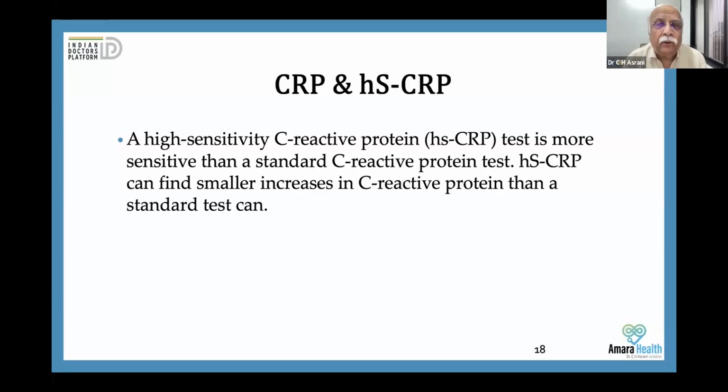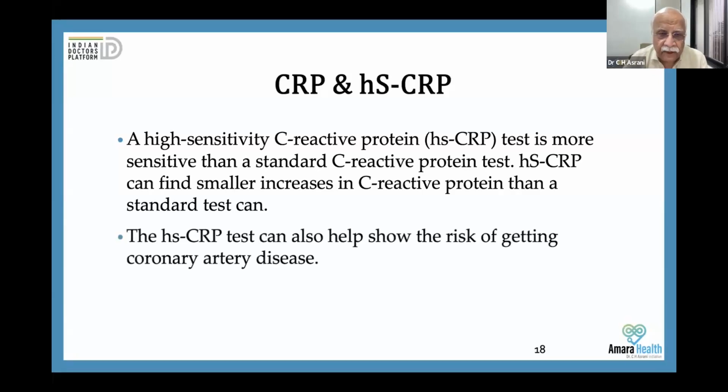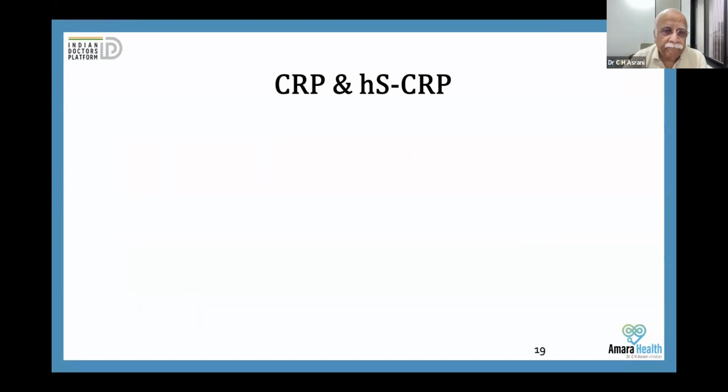But you will not do HSCRP for a bacterial or a viral infection. The HSCRP test can also help show the risk of getting coronary artery disease. Now you may wonder, since CRP is inflammation, how come coronary artery disease gives me a highly sensitive CRP increase? We'll explain.